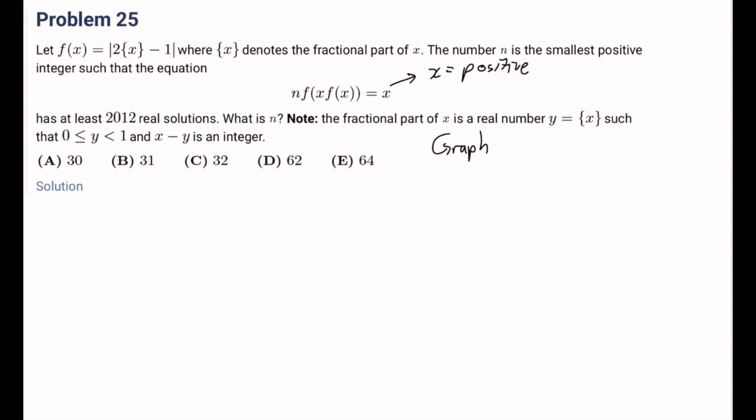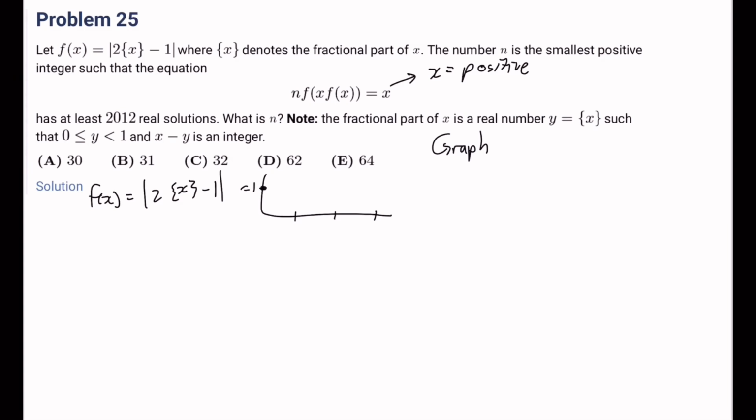First, let's try f(x), because this is where it all starts. The graph of f(x) is going to be 2 times the fractional part of x, and then minus 1, and then it's going to be absolute valued. So this is going to have a maximum of 1. If we start with x equal to 0, that's going to give us the absolute value of -1, so that will start us at 1.